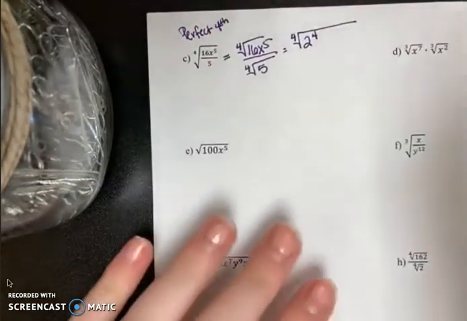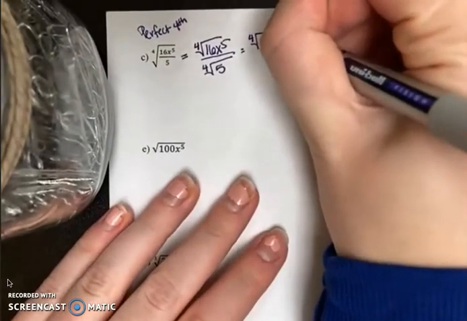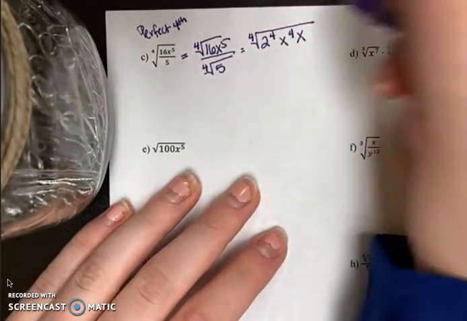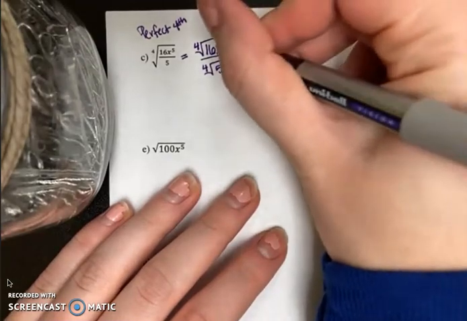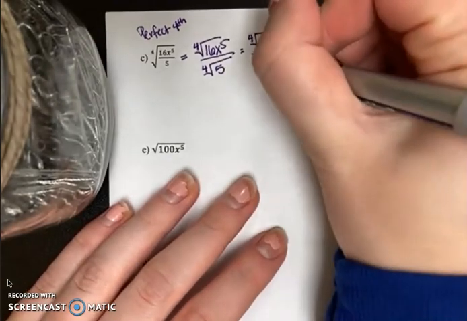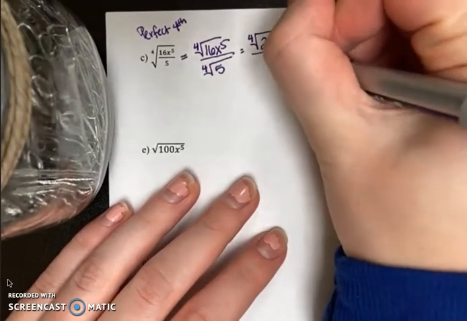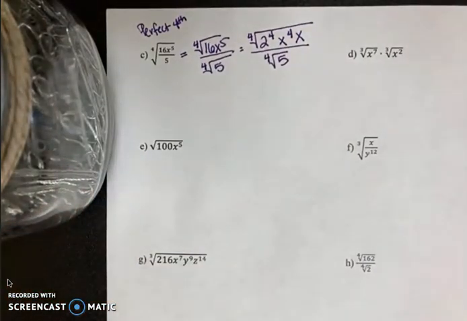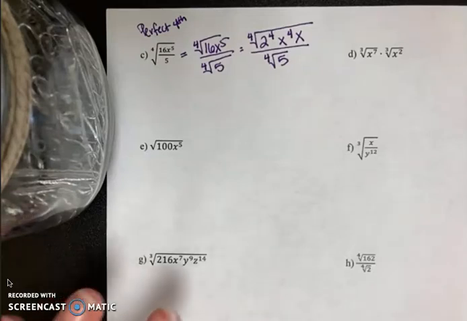So I'm going to rewrite x to the 5th power as x to the 4th power times x. See how 4 plus 1 will give me 5? So I'm just rewriting them. And then I have the 4th root of 5. The factors of 5 are just 1 and 5. That's not going to be a perfect 4th power other than 1. So I just have to leave it for now.